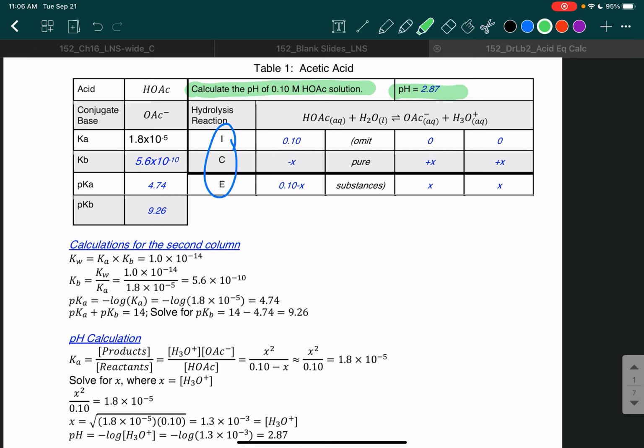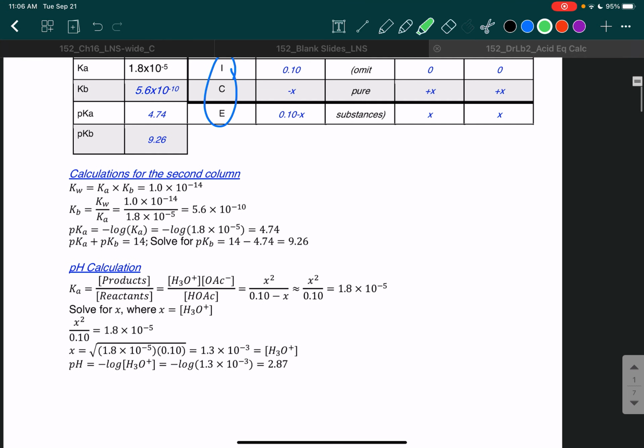And let me point out, notice down here. So again, this first page is a worked out exercise for one of these ICE tables. So that pH calculation, that last line there, is what you're ultimately calculating, the pH. And I'll go through a problem showing you how this all breaks down, okay? But I just want to give you a little bit of perspective about what pieces go where in a problem like this.